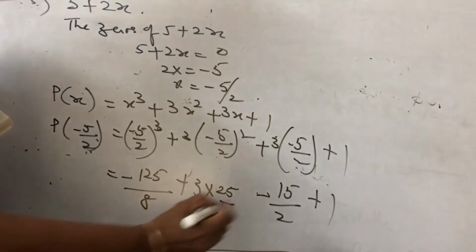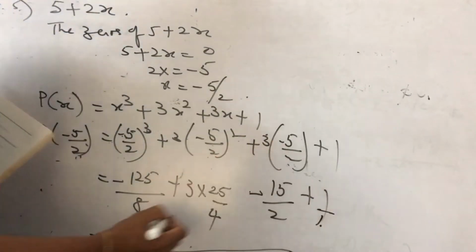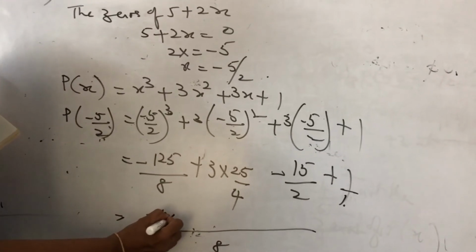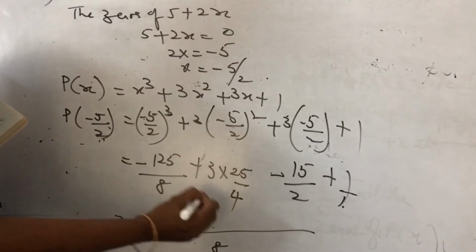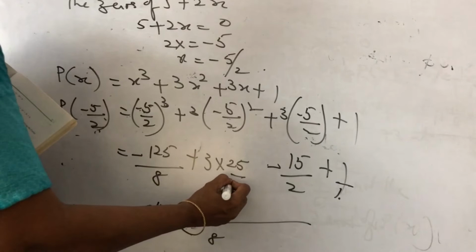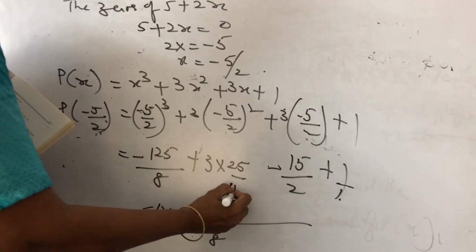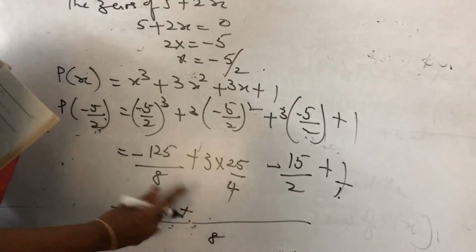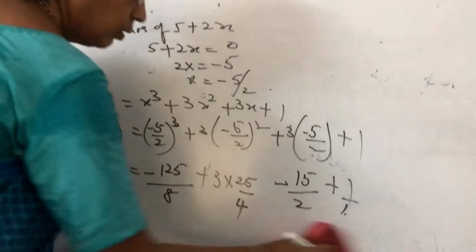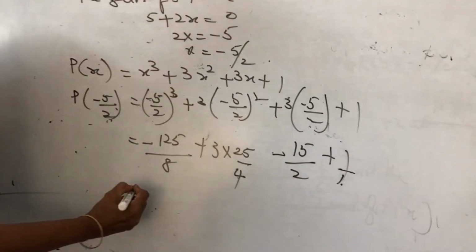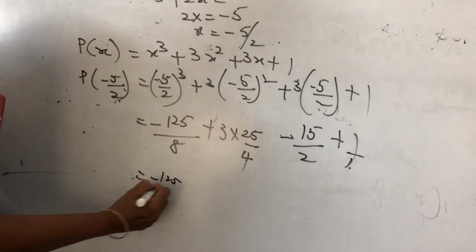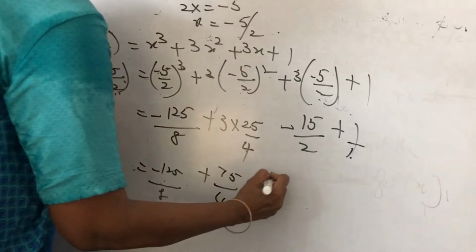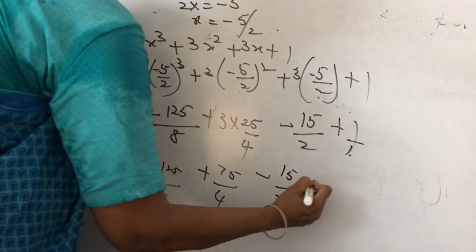Go for the common LCM. 8 divides 8, 1 time. 125 into 1 is 125. 4 divides 8 how many times? 2 times. Minus 125 by 8 plus 75 by 4 minus 15 by 2 plus 1.